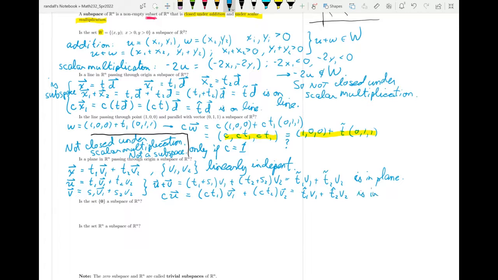So it is in the plane. And therefore, it is a subspace.